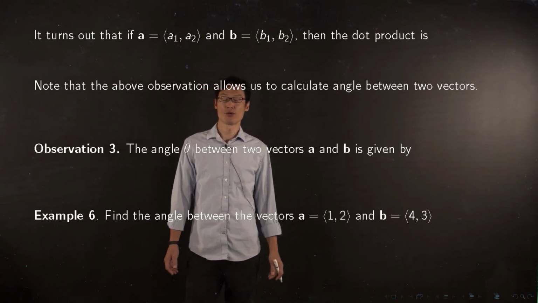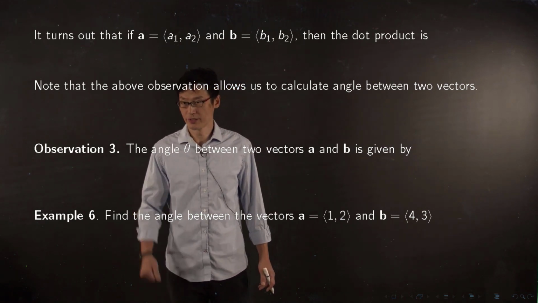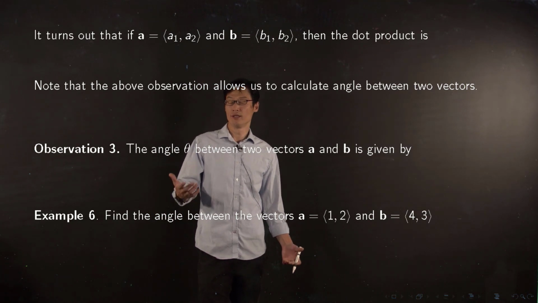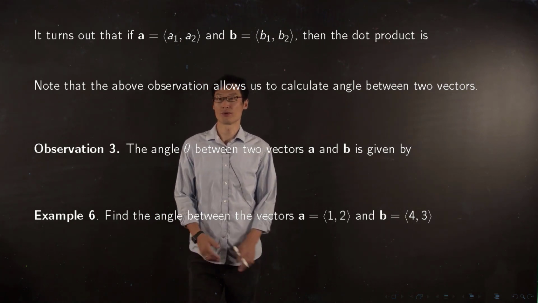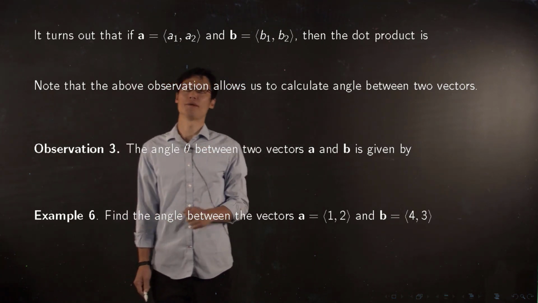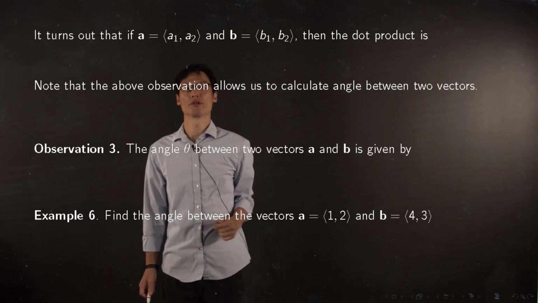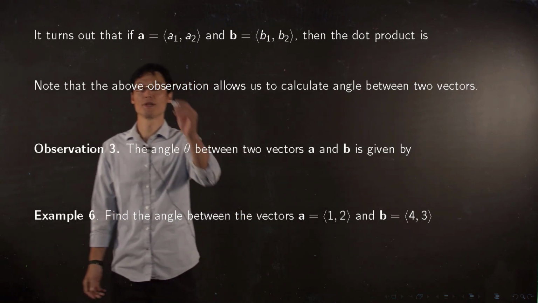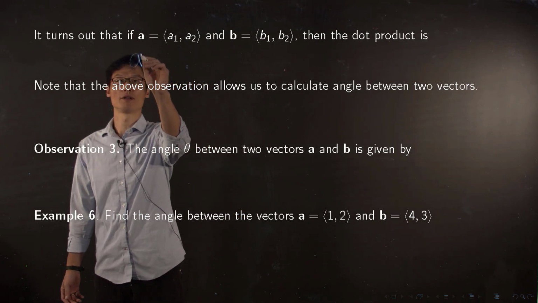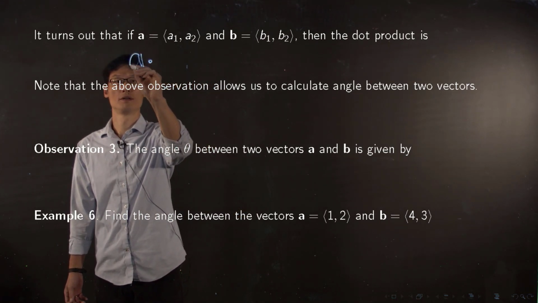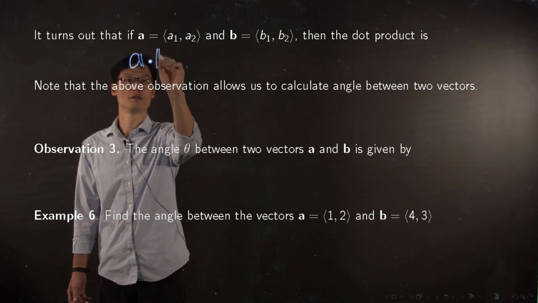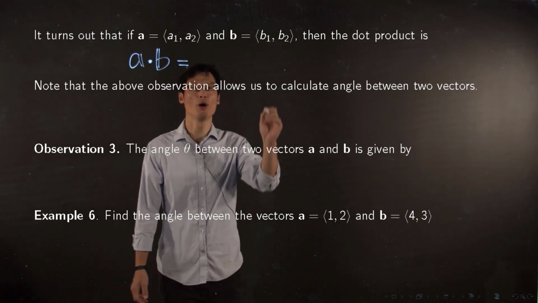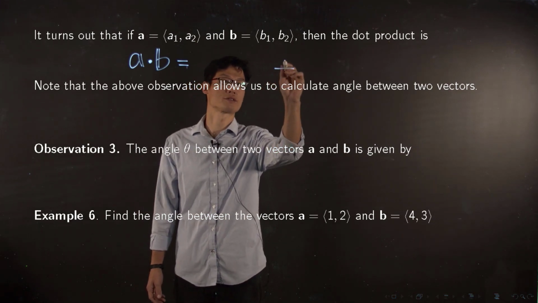All right. As we observed, we can calculate dot product if we know coordinates. Suppose you have vector A1, A2, and vector B1, B2. Then we can calculate the dot product. You take the sum of component-wise products.